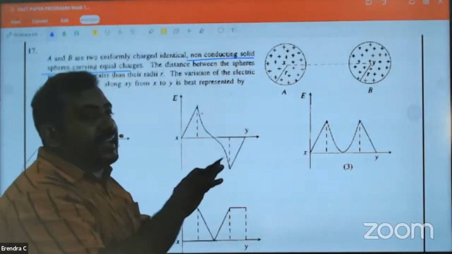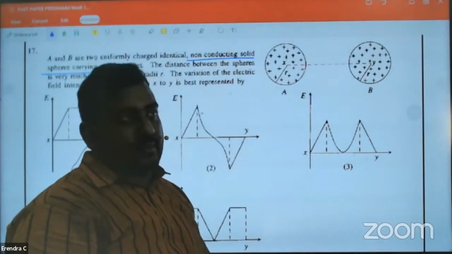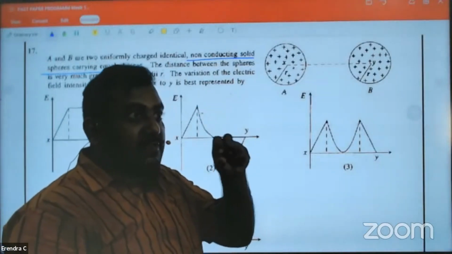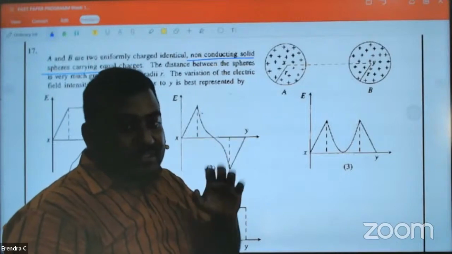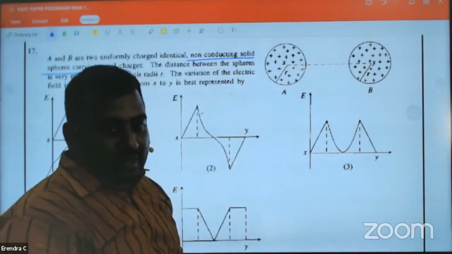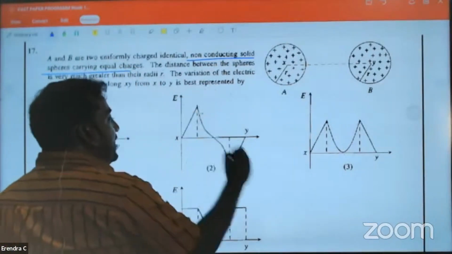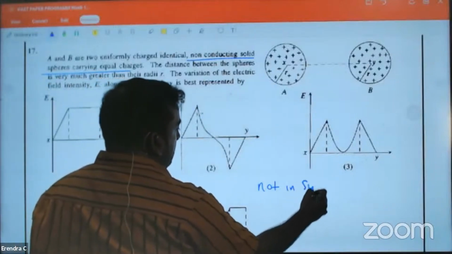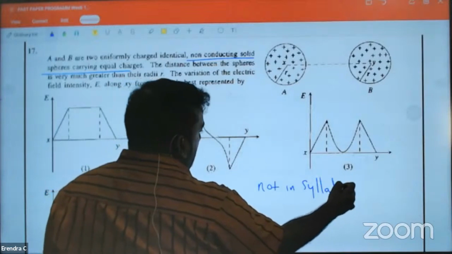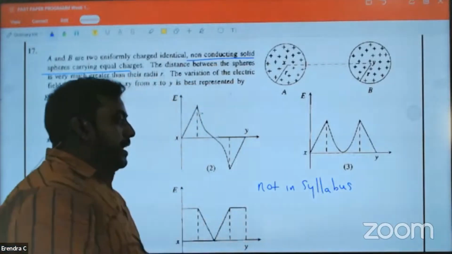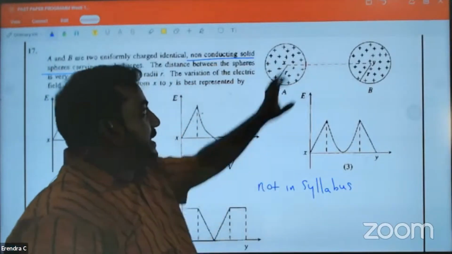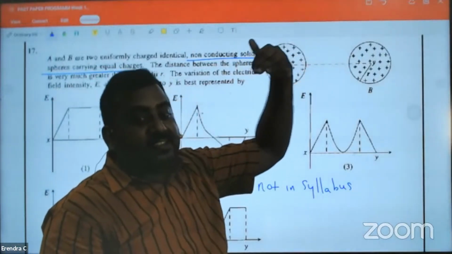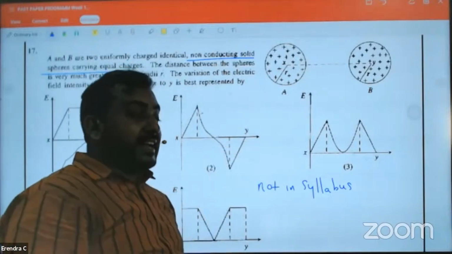This is not in our syllabus. But for your additional knowledge, the variation here is the same as the variation of the gravitational field strength inside the earth.